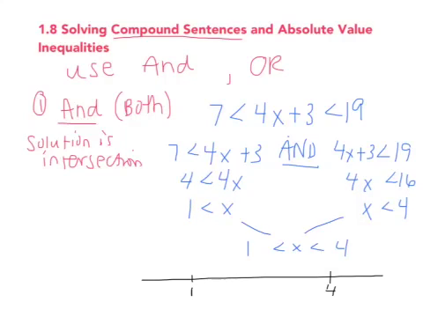To graph our solution set, we use open circles on both 1 and 4 and shade the intersection between those 2 points.